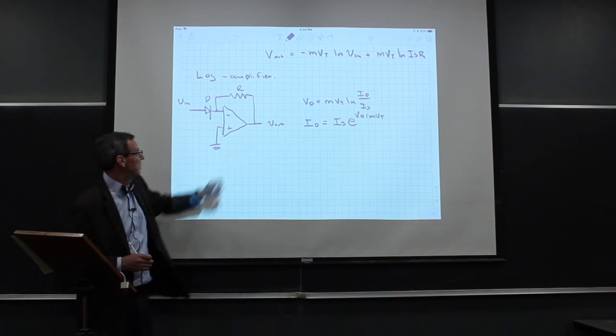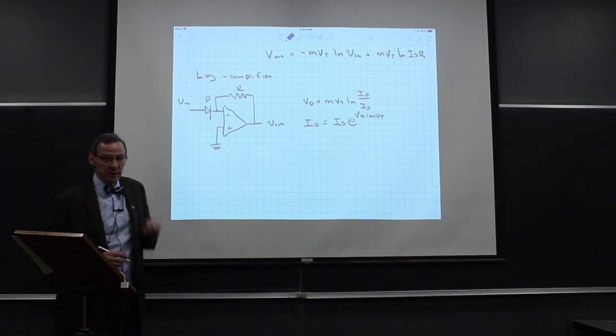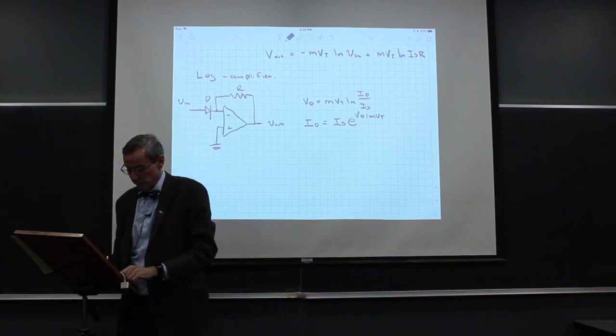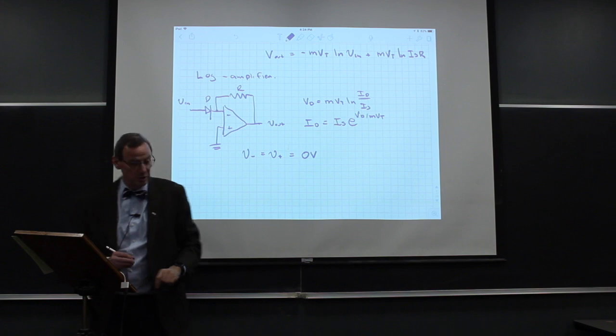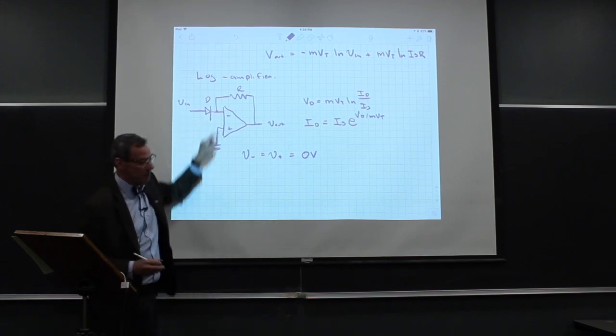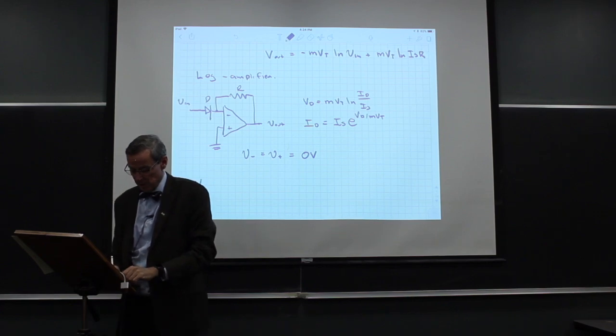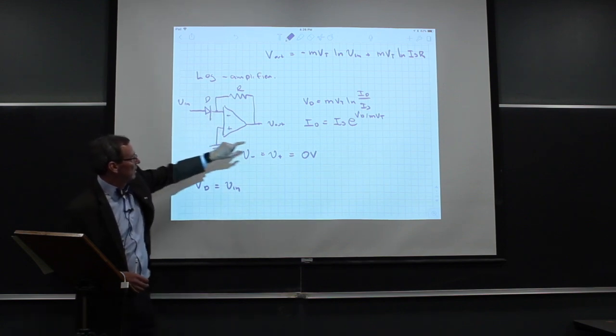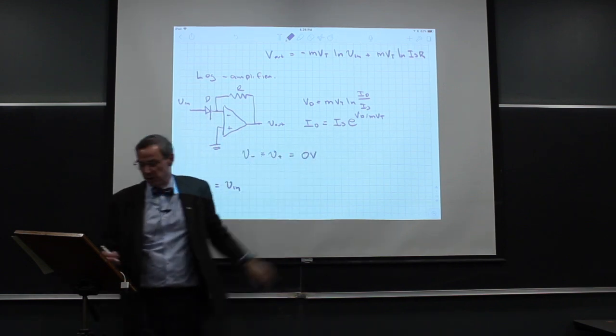So those two equations there. Let's now look at this. We have negative feedback, so V minus will be V plus, and V plus is locked to ground, so that's going to be 0 volts. So the voltage drop across the diode goes from V in to 0. So V diode is going to be the input voltage. We know the voltage drop across the diode. Given that, we can calculate the current through the diode.